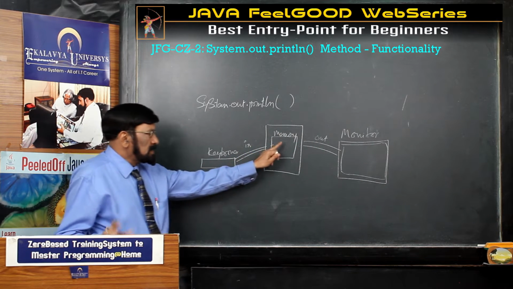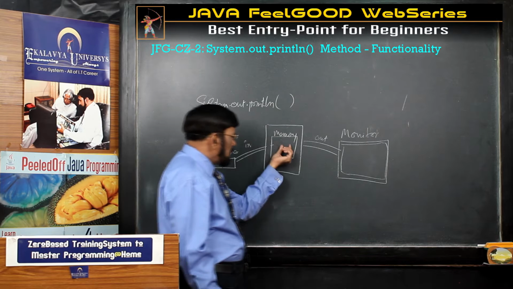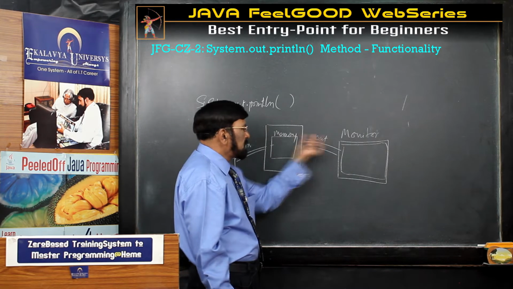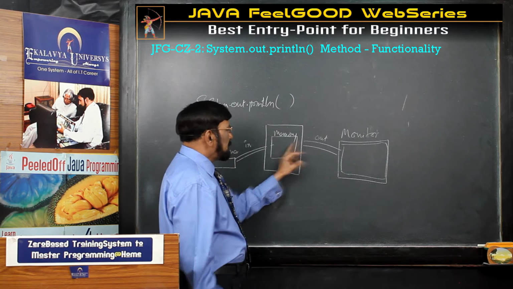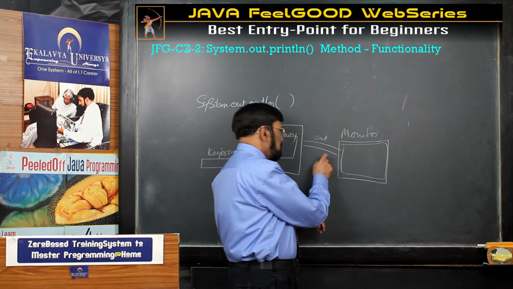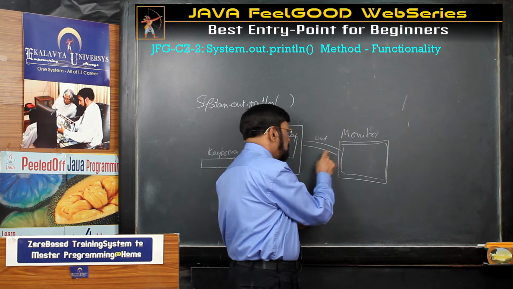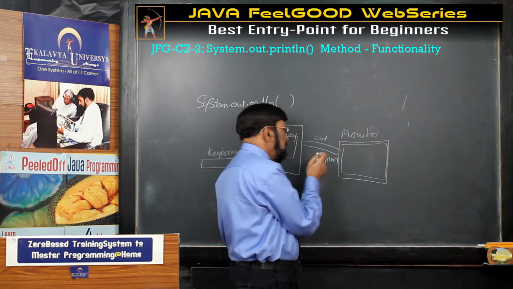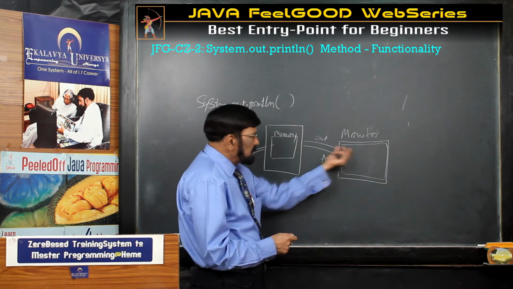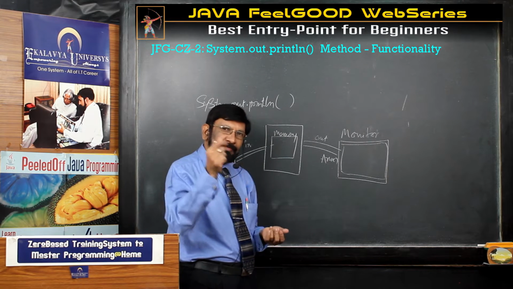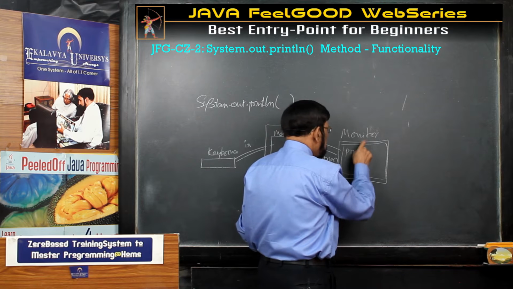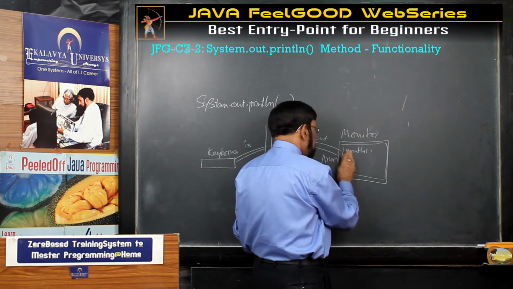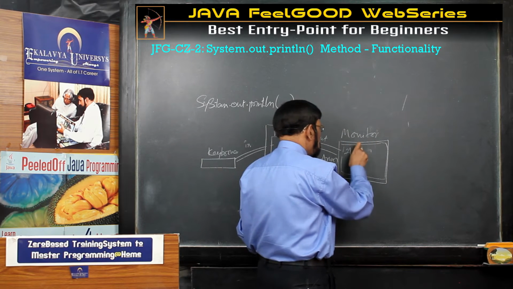The purpose of the out stream is transmitting data from memory to the monitor screen, because of that it is displayed. Suppose somebody's name, a string, is transported. But it should be written, and for writing one method is required, that is println. The println method can write on the monitor screen as Arun.